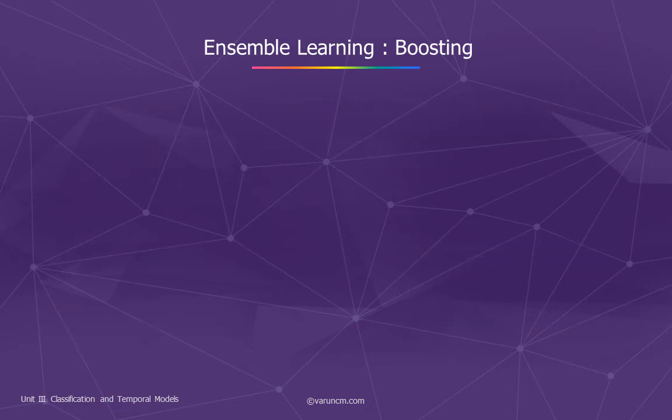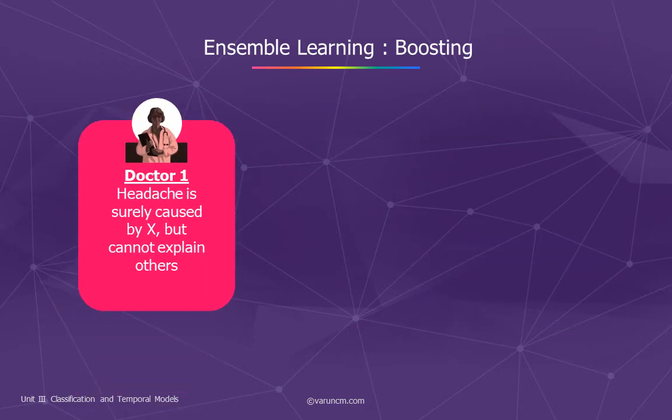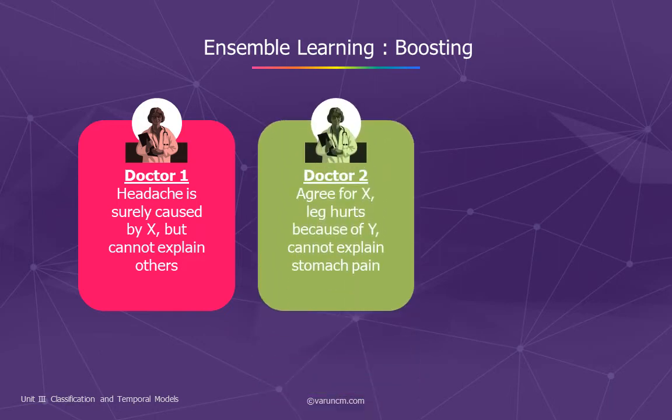Now the person goes to Doctor 1. Doctor 1 identifies that the headache is surely caused by X, but he is not able to explain the other problems. He goes to the next doctor for an opinion, who agrees that X is causing the headache.